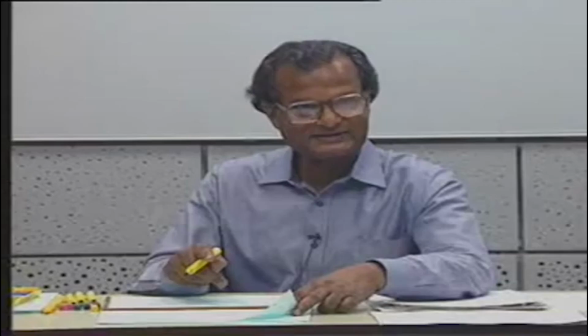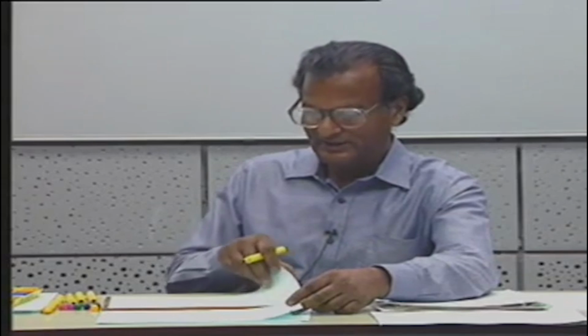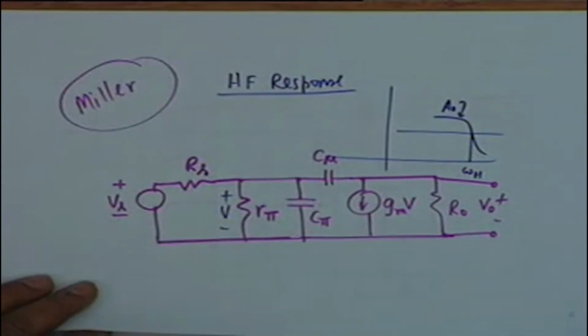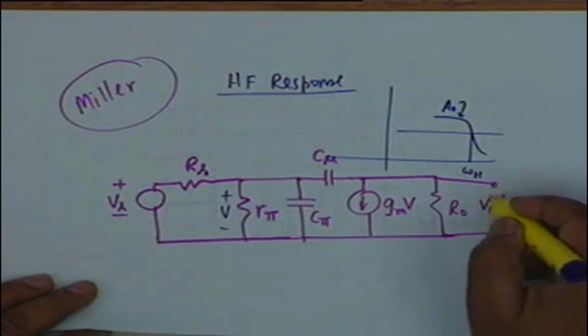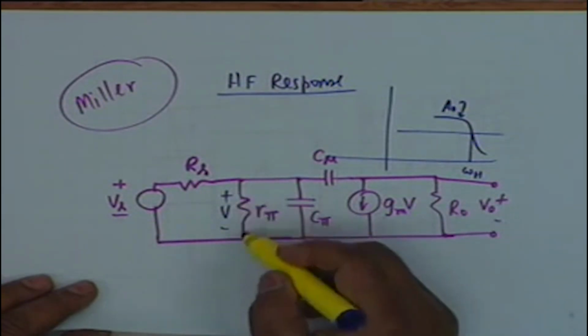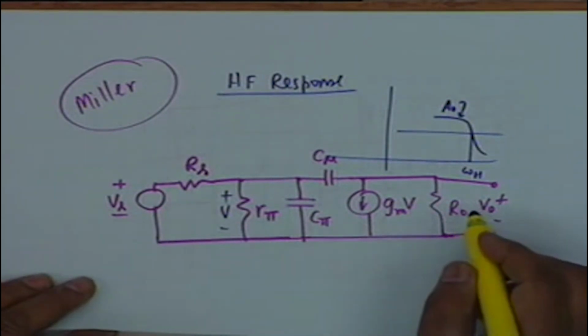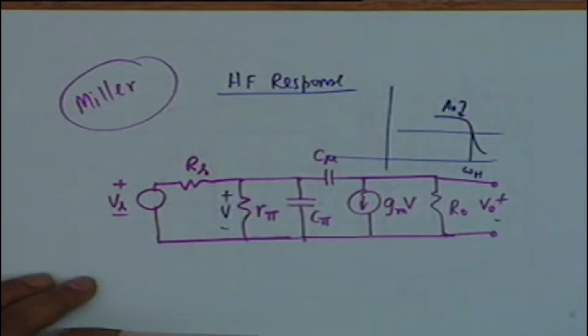For this transistor circuit, can we for a moment go back to the transistor circuit? Let us look at the transistor circuit once more. What is A? You see, A is V0 divided by V. And this is where Miller said, let us play a little smart. In calculating A, let us ignore C mu.